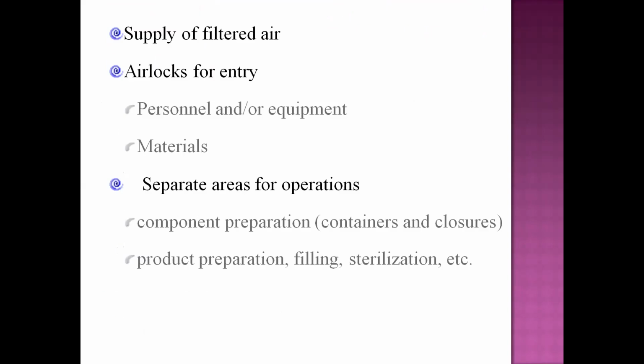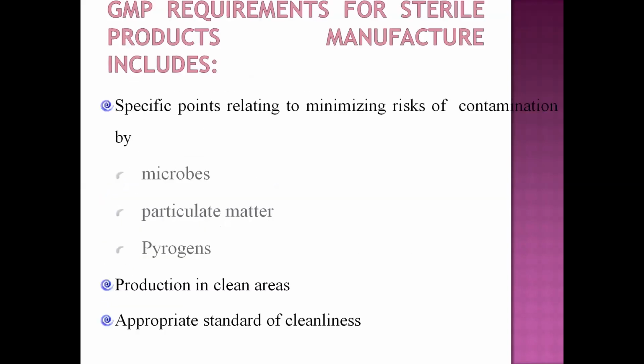There should be a supply of filtered air, and airlocks for entry and exit, for persons, equipment, and materials. Then separate areas for operations such as component preparation, product preparation, filling, and sterilization. These are the minimum GMP requirements for the manufacture of sterile products.